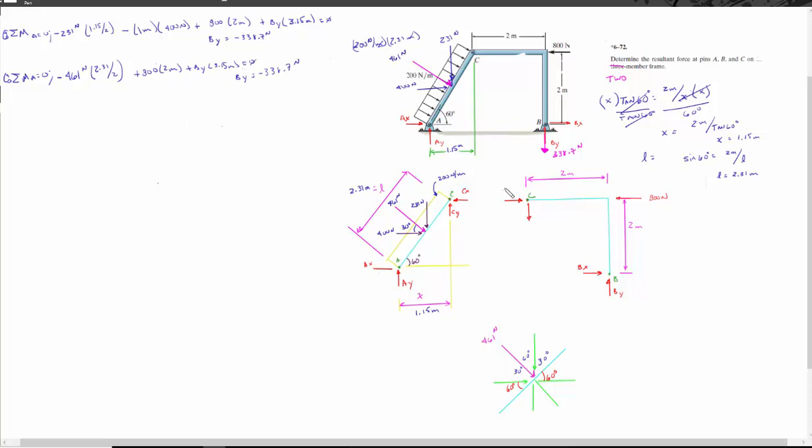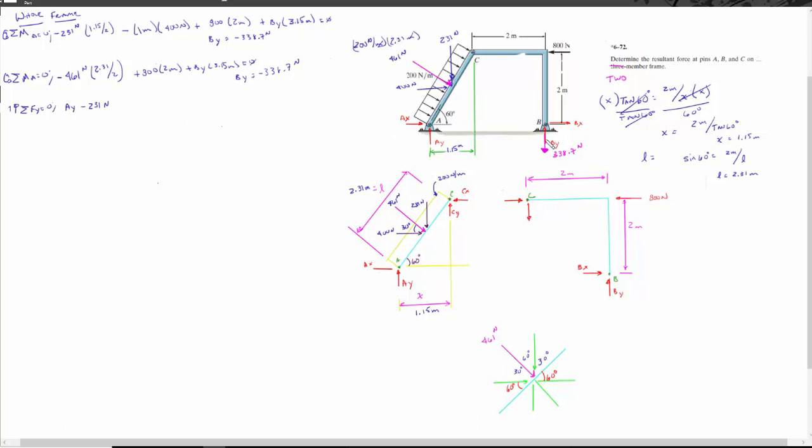So if I were to sum my forces in the Y then, I am solving now for AY. Again, this is the whole frame. I'm just going to write that up here too. The whole frame. That's pretty important that we're looking at the whole frame. Sum my forces in the Y, I get AY minus 231 newtons. Where do I get that? Well, this force right here is negative.